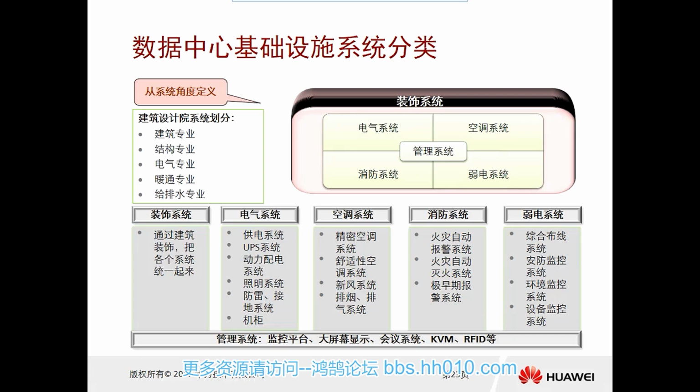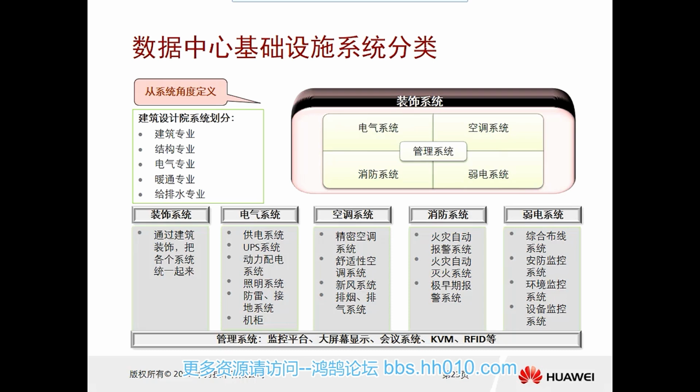Last page, which is the classification of our infrastructure systems. From this system classification, we can take a look at what it includes: buildings, structural, electrical, HVAC and drainage, right? Every system has some corresponding functions. For example, the electrical system needs to meet the power supply requirements of the devices. The air conditioning system needs to meet various environmental and air conditioning adjustment requirements.